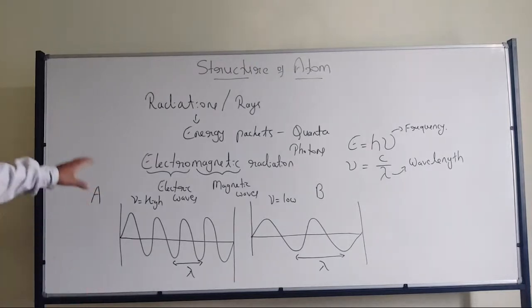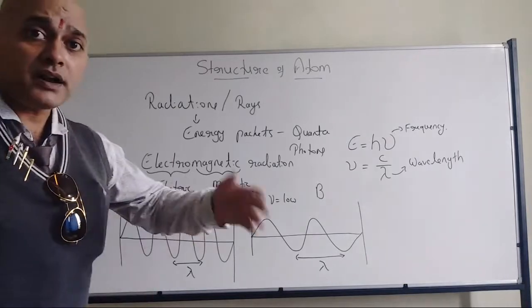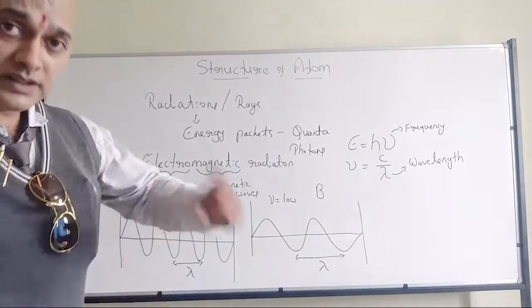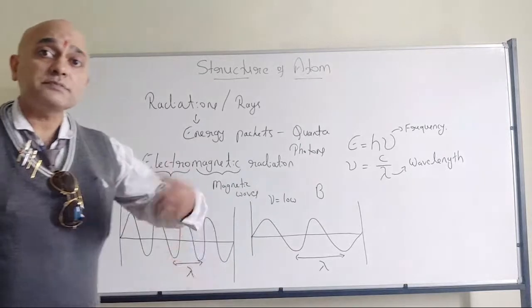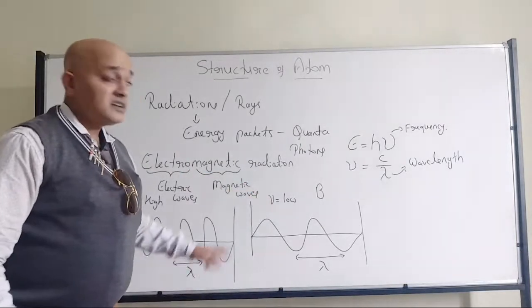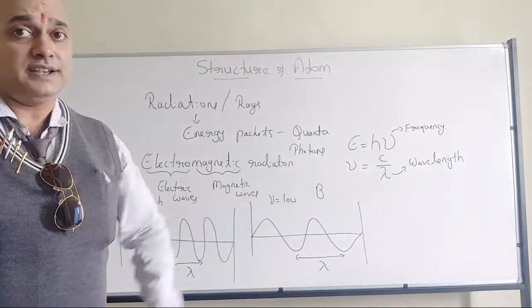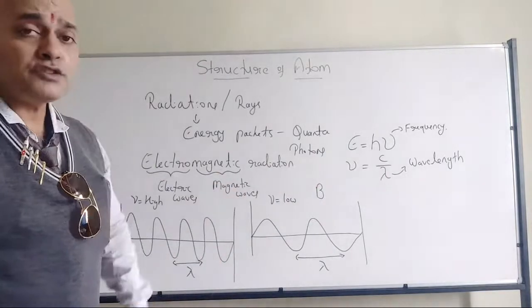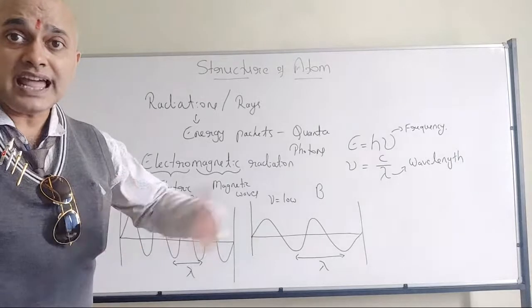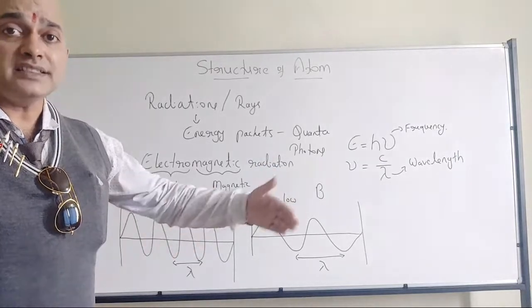Fine. So that's where frequency is the number of cycles per second. But when it comes to wavelength, the unit is different. It is a length.